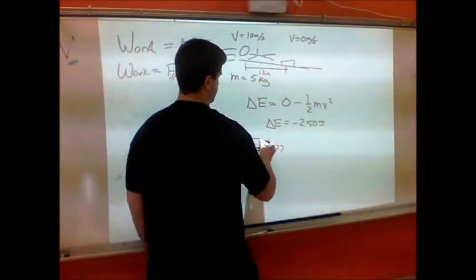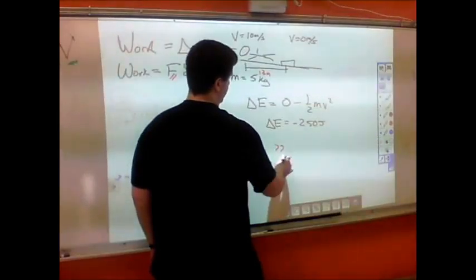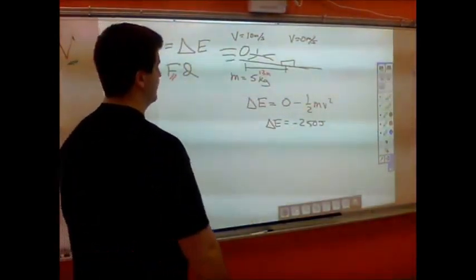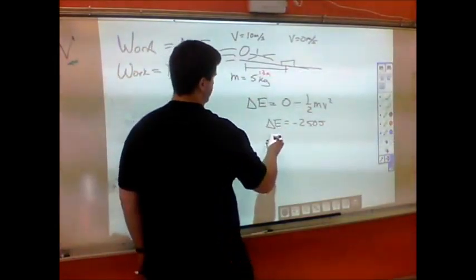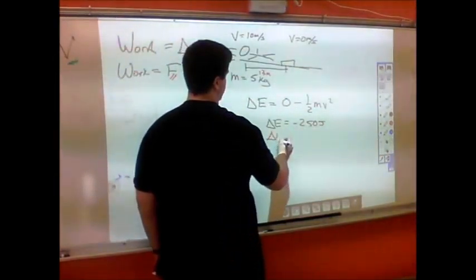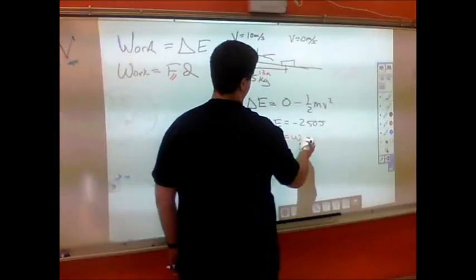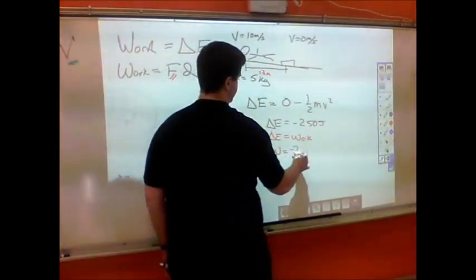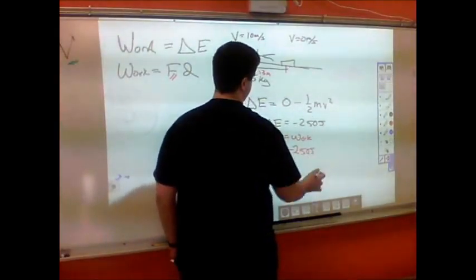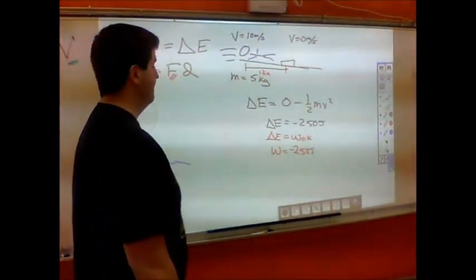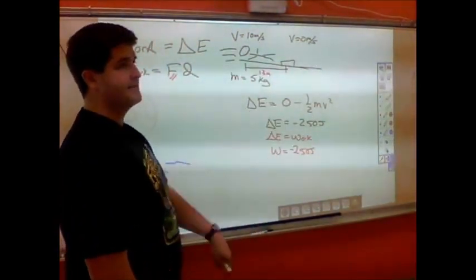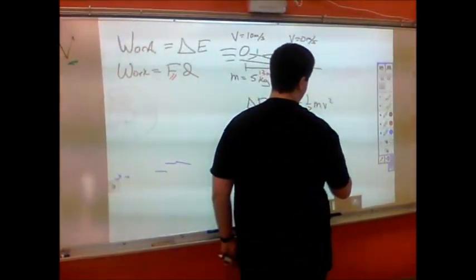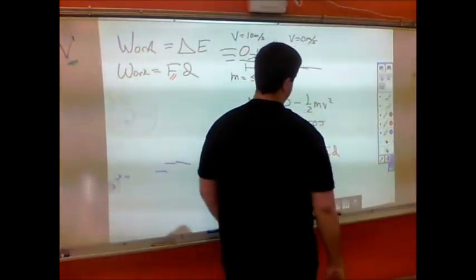What do you have in for F? That's the force of friction. That's what we're trying to find. So just to walk you through this, basically we say, all right, delta E is equal to work. Therefore, W also equals negative 250 joules. And work is force parallel times distance.